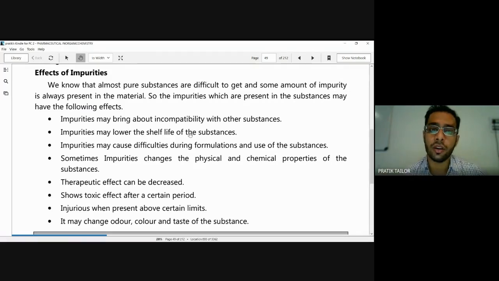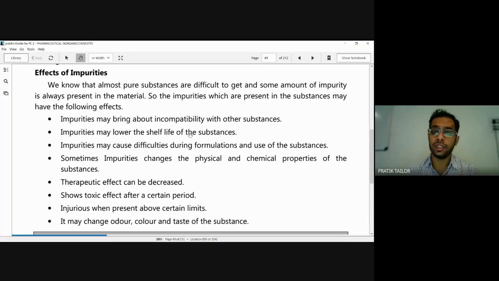Impurity may cause difficulty during formulation and use of the substances. If your ingredients become incompatible with each other, problems may occur when creating formulations like suspension or emulsion. So technical incompatibility may be there.